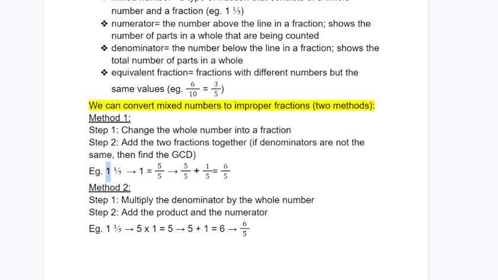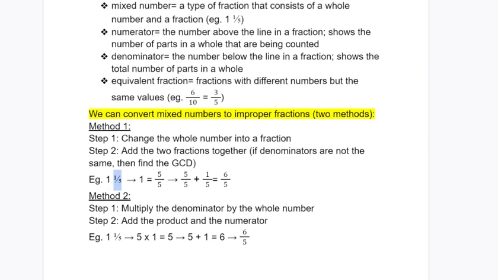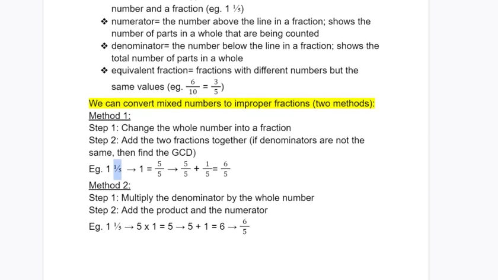Well, first of all, it's easiest when you look at the fraction part of the mixed number, and you see, okay, the denominator is 5. So if we make the denominator of this 1 a 5 as well, then it's going to help us with the next step. So that's what I'm going to do: I'm going to change 1 into a fraction with a denominator of 5.